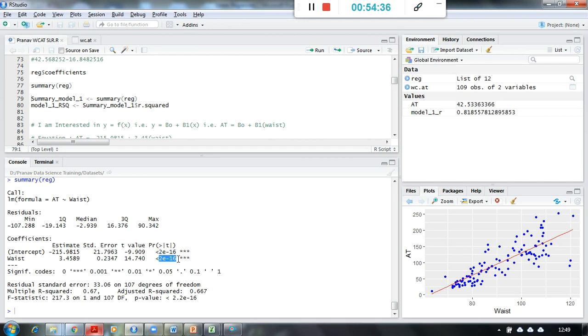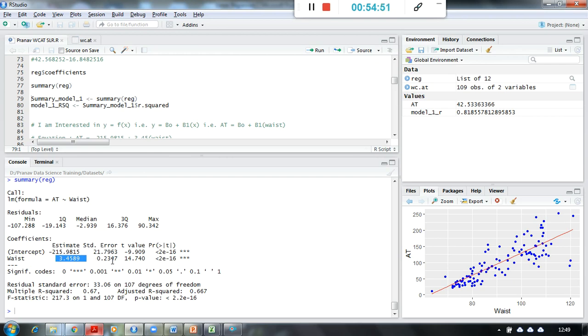Here also it is a zero value, so my p is low, which means if I use these intercepts, it is fair enough. I can go ahead with this model as long as my p-value is low, right?